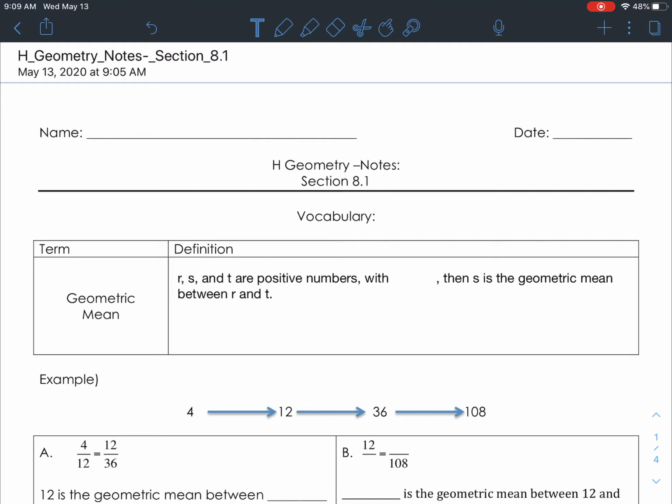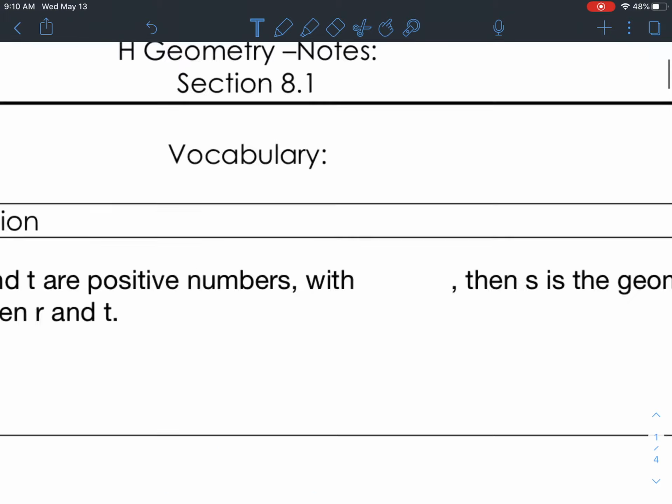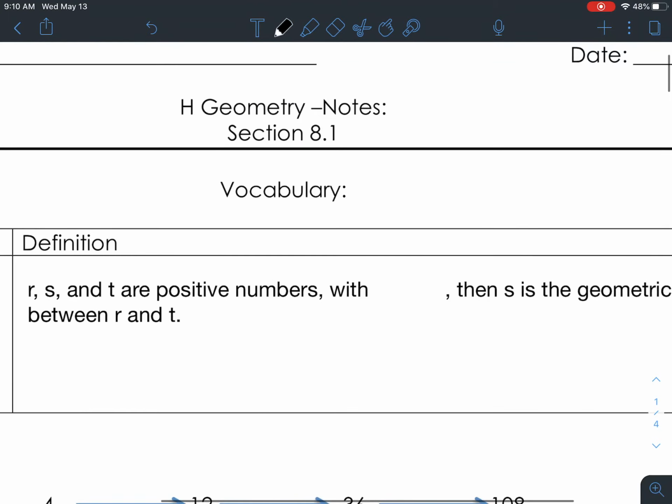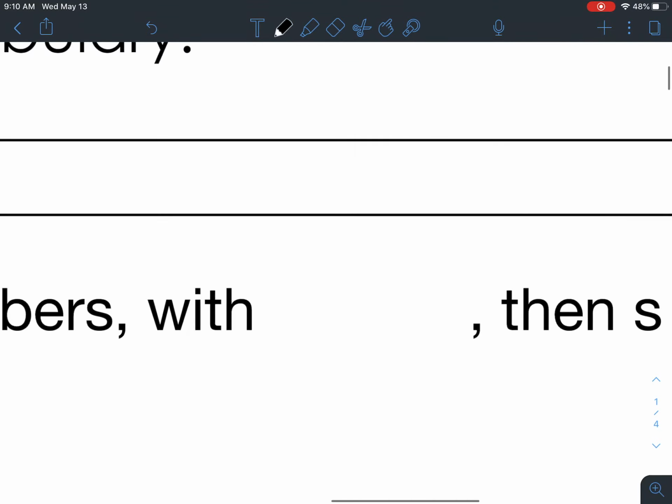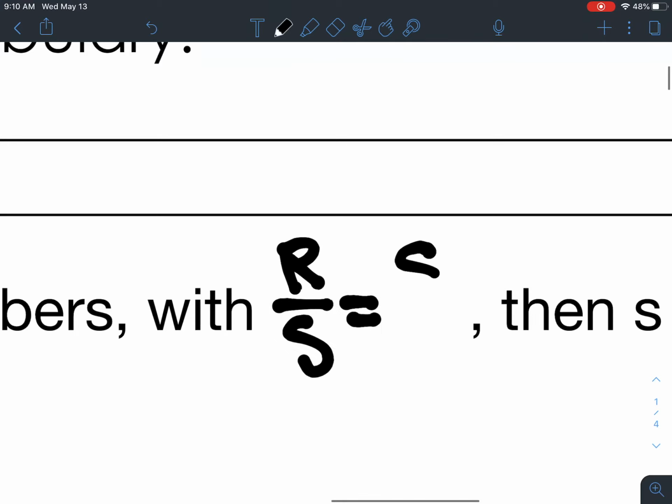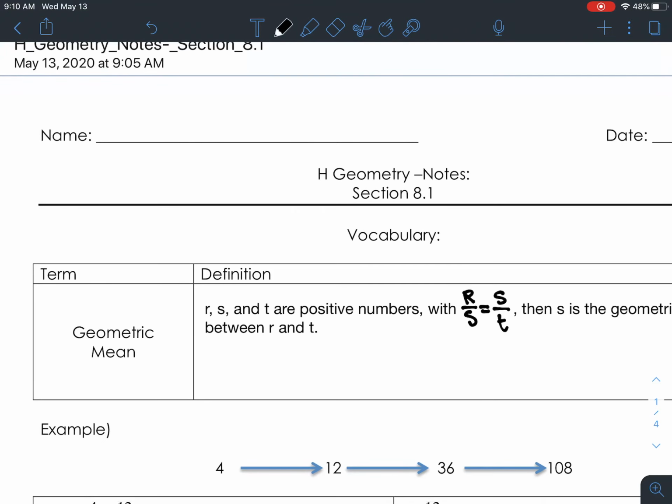All right. So it says R, S, and T are positive numbers with R over S is equal to S over T. So the way that this connects, before I finish this definition, is I just made a proportion.